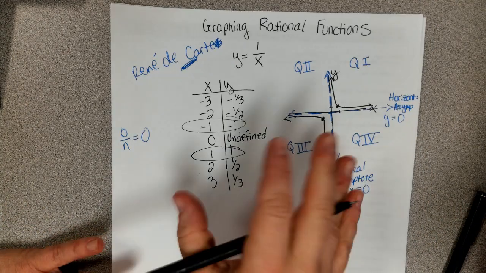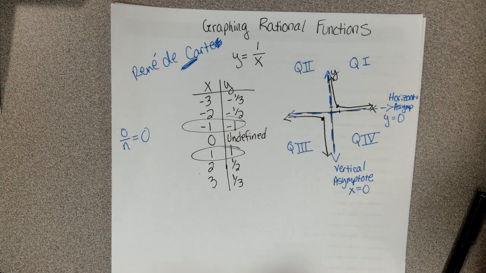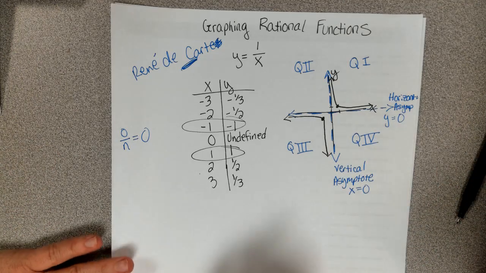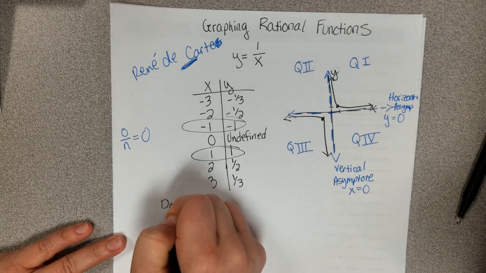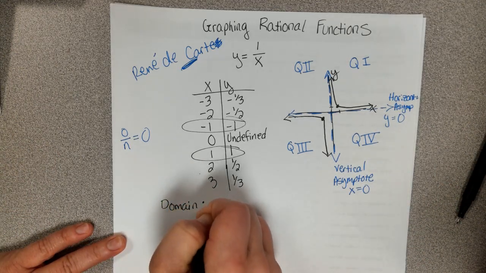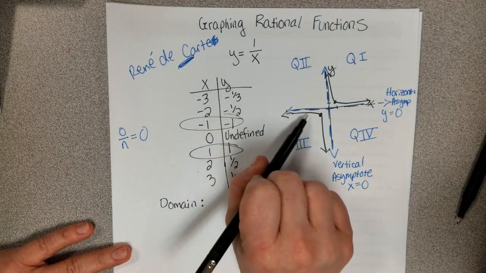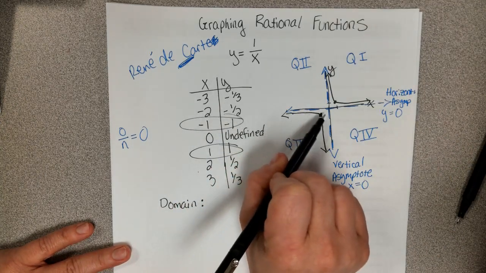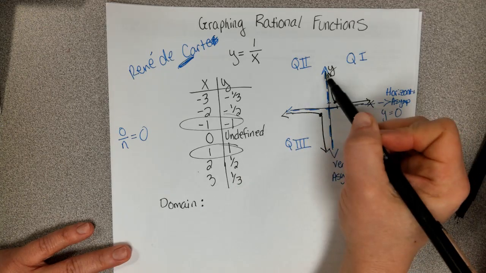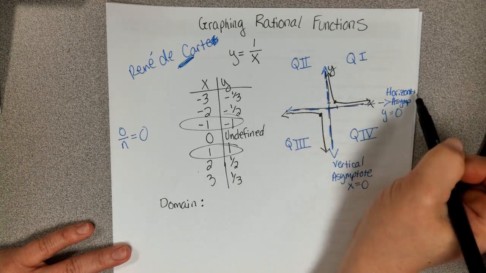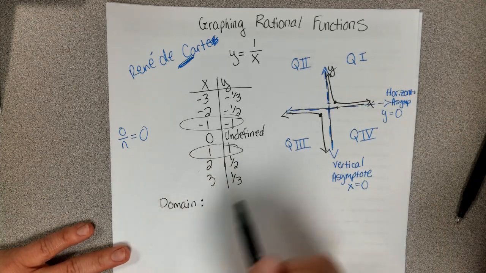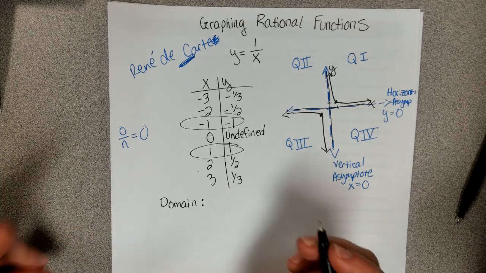Let's talk about the domain and range, since it has these asymptotes in it. It's going to have a really interesting domain and range. So the domain is really interesting. Remember, you go left to right. So I can use everything from the left all the way up to the asymptote. And then I can use everything on the right starting from that asymptote over. So for the domain, there are two ways to write it.